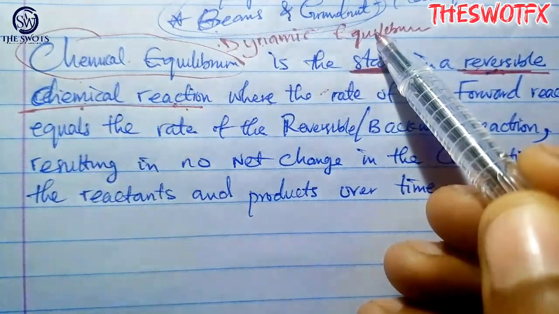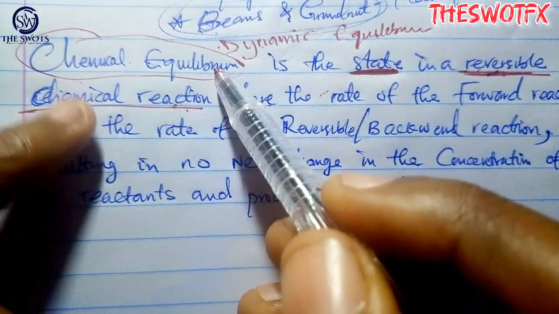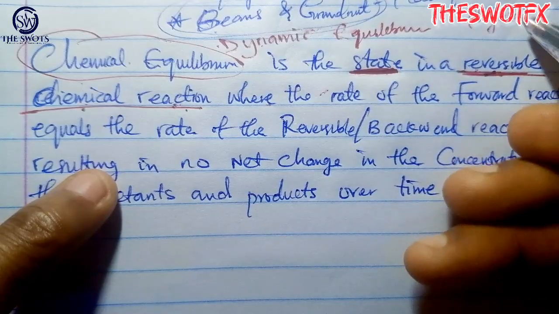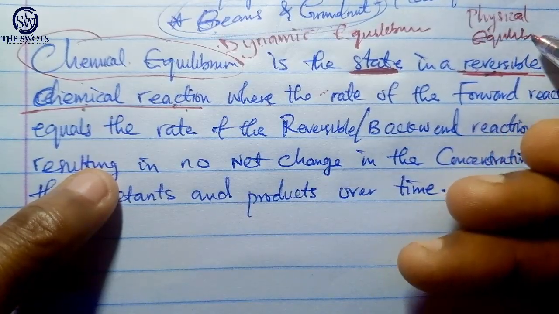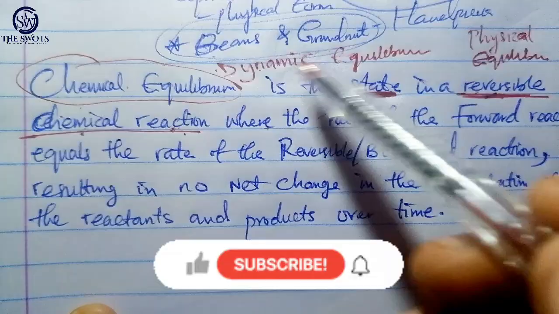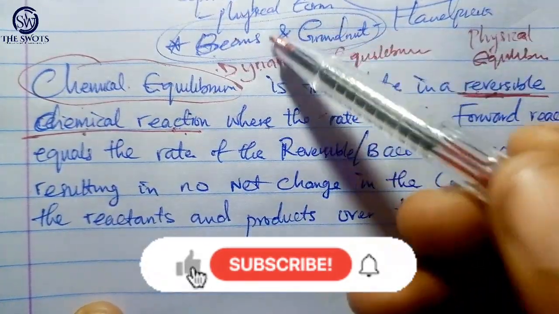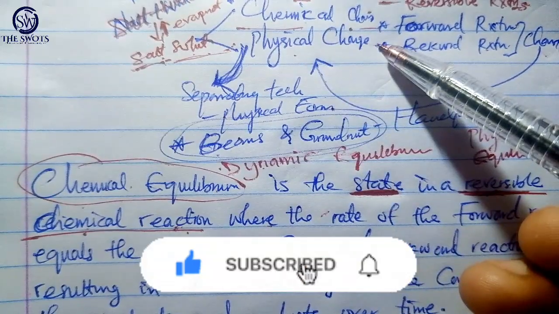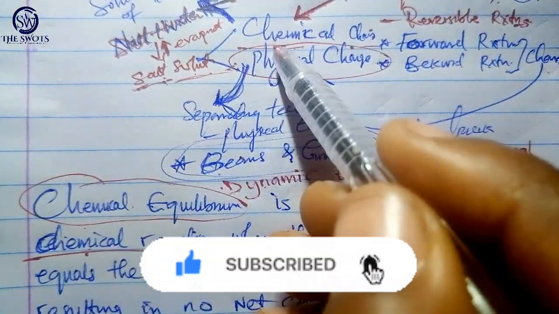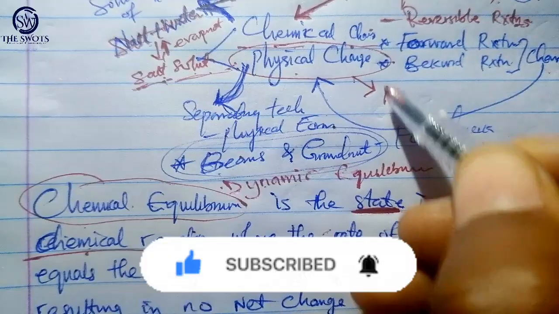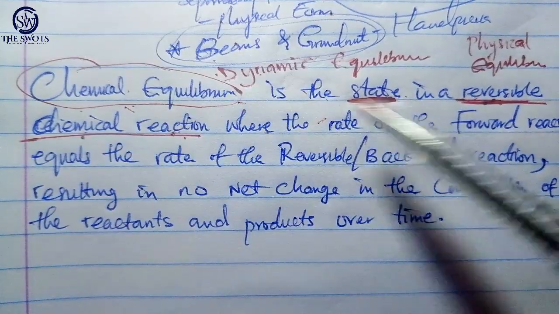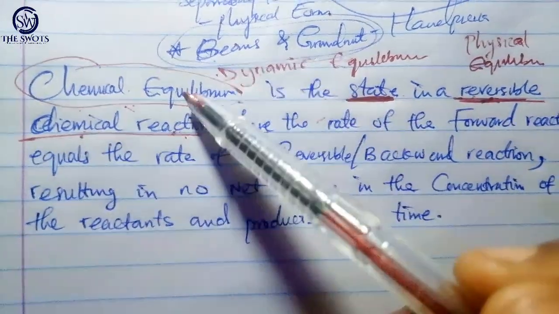Are you getting it now? So as much as we have chemical equilibrium, we also have what we call physical equilibrium. So from this example of beans and groundnut, because it involves a physical change, we can also call it a physical equilibrium. So chemical equilibrium involves a chemical change, we can call it a chemical equilibrium.